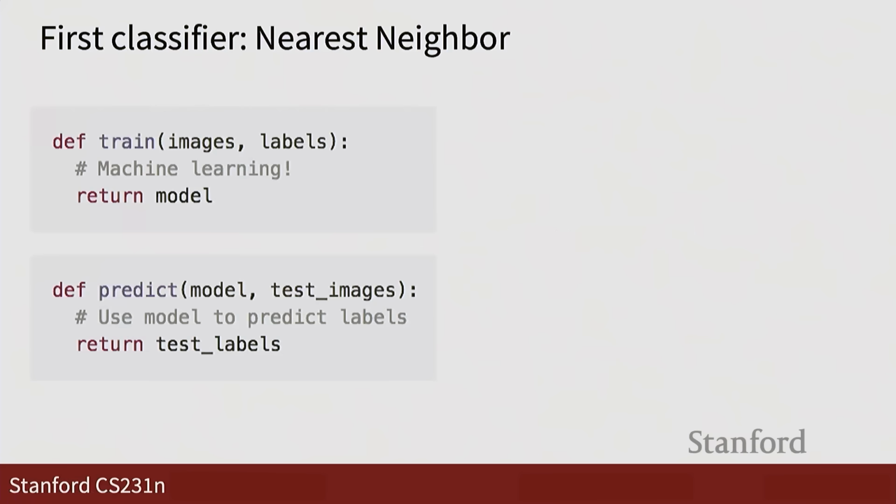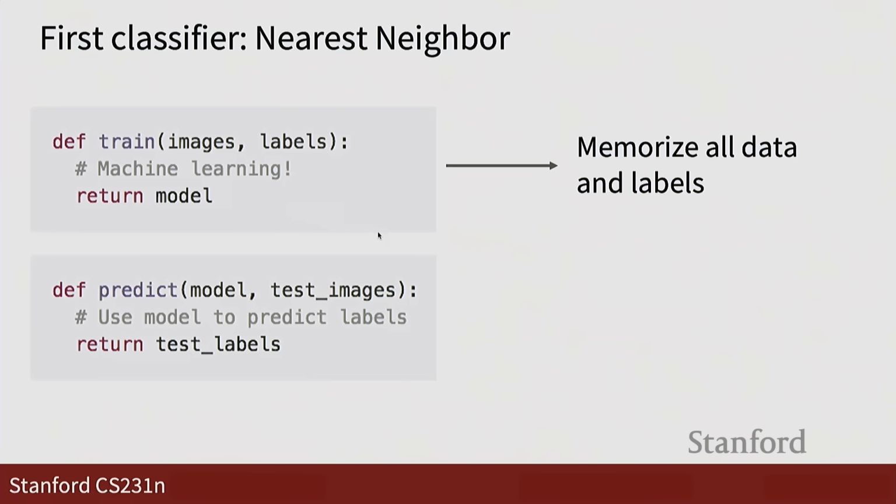Okay, to build the nearest neighbor classifier, as I said, we need to build the train and predict functions. The train function needs to just memorize all of the data and labels. So the training function basically doesn't do anything other than keeping everything in the memory.